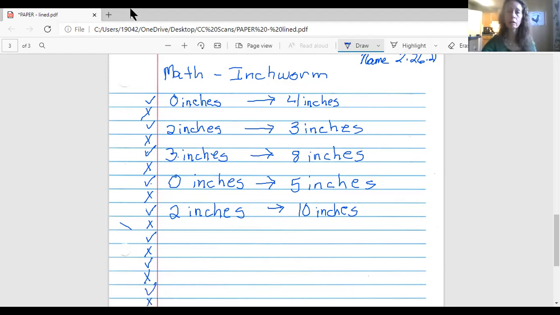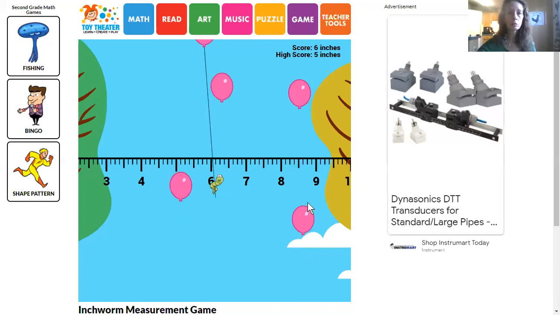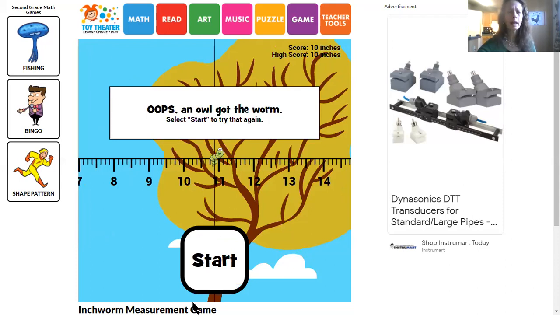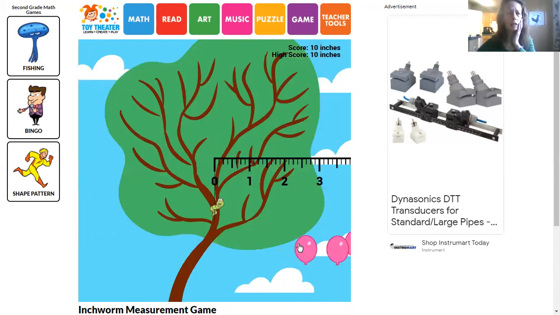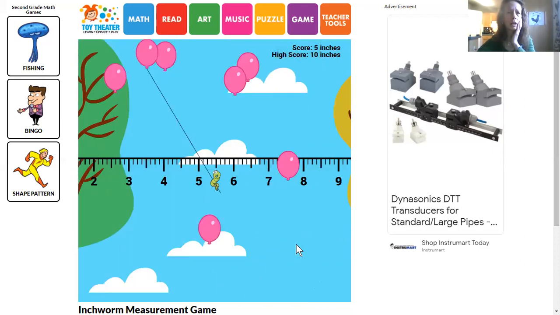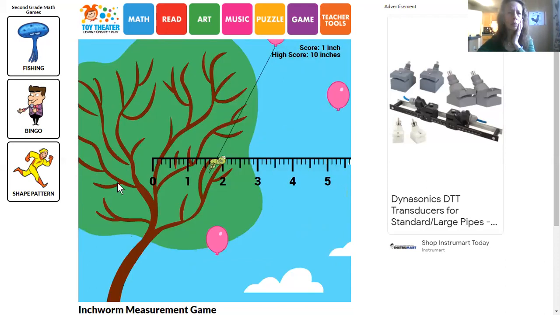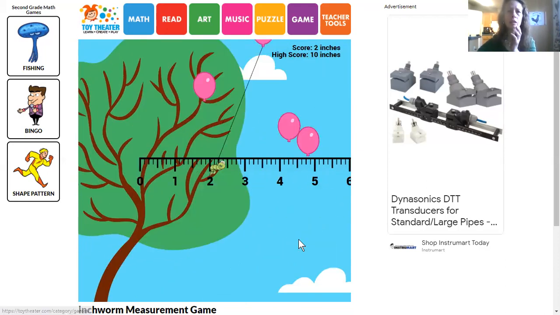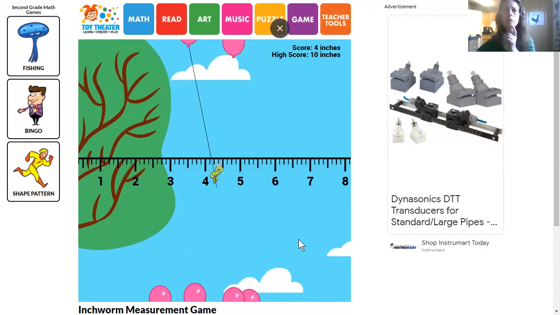All right, let's go back to our inchworm. See what we can do. All right. Let me get this one. Oh, an owl got us again. Oh no. All right, try it again. We went from 1 to 6 that time. So let's come back up and write him down.